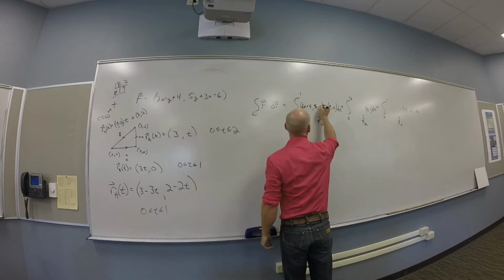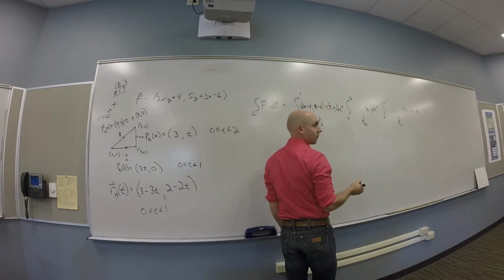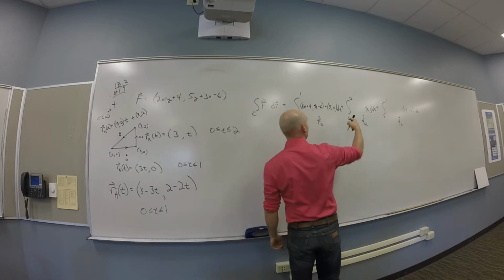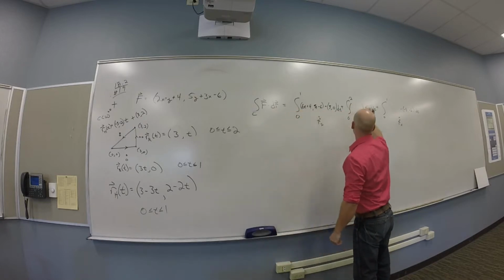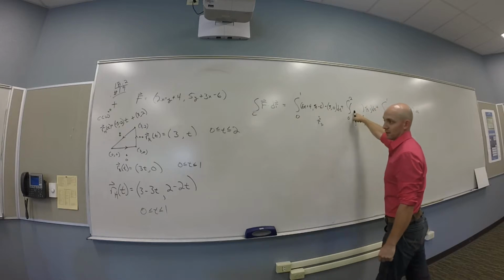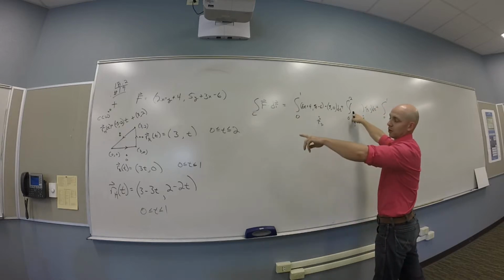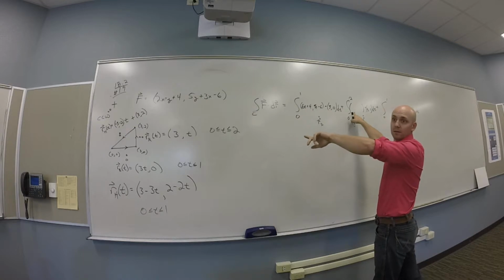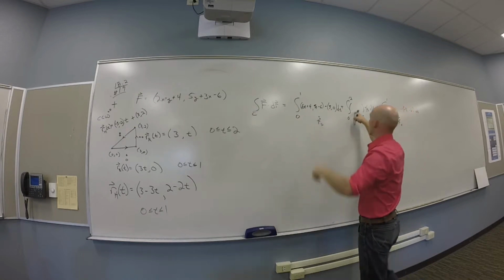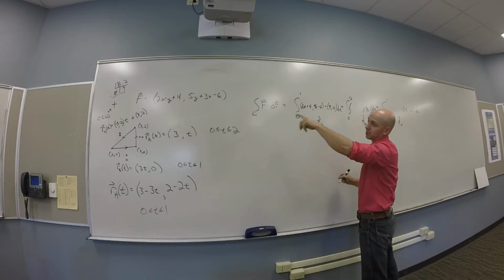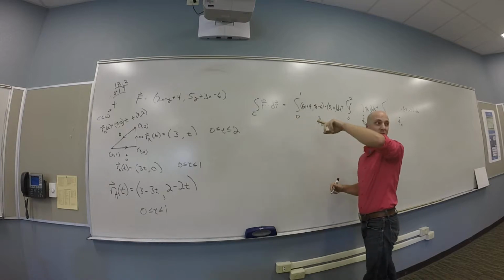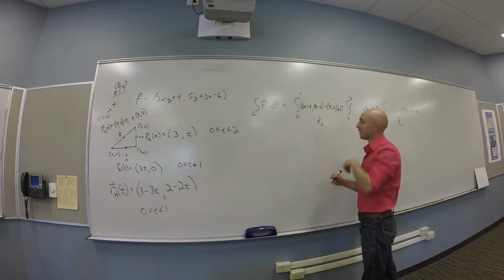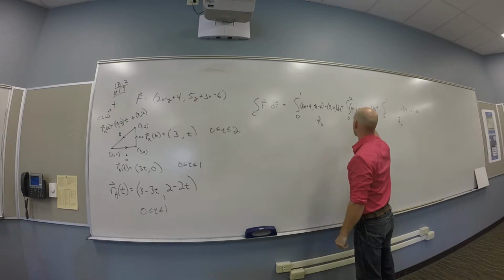Next I need to plug r_a into that thing. In that one I'm plugging in 3 and t, so you get 6 minus t plus 4, which is, I think, 10 minus t.